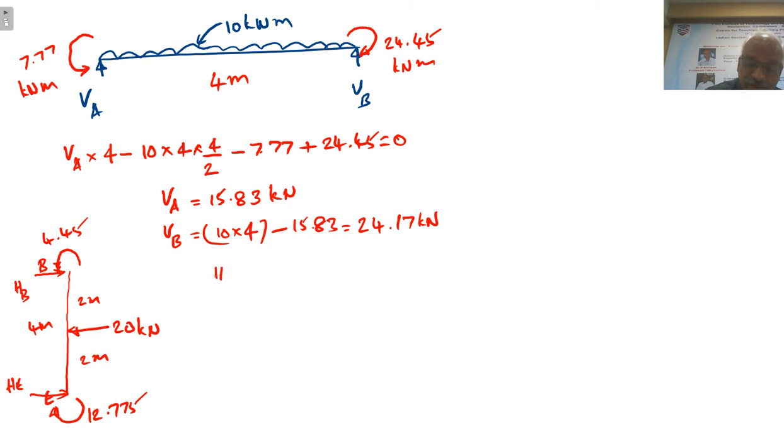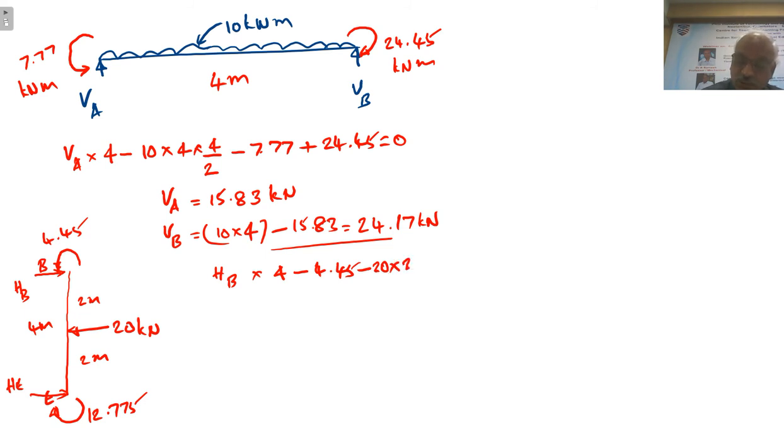So HB into 4 meters. So this is right. HB into 4 minus 4.45 minus 20, when you take moment about the point E, right?